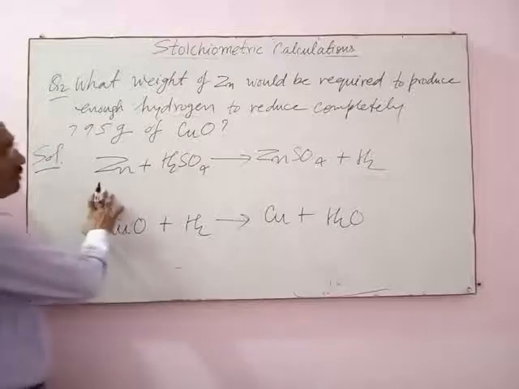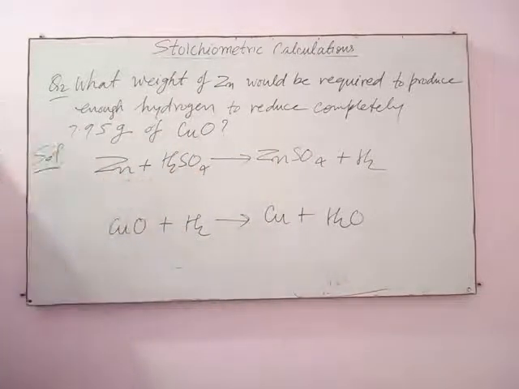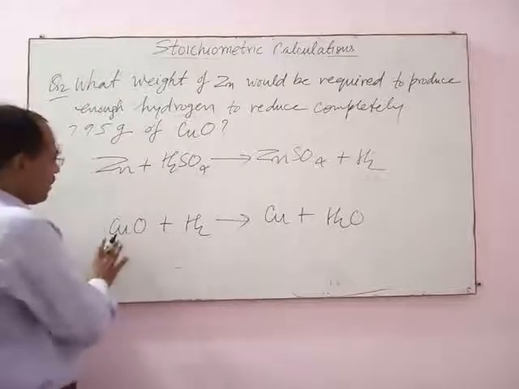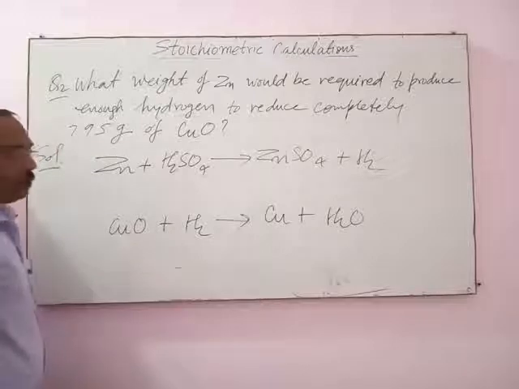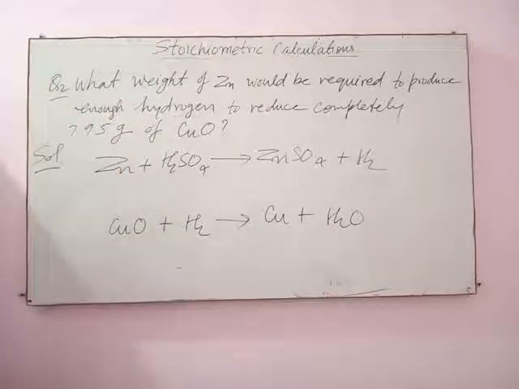First of all, production of hydrogen gas by the reaction of zinc and H2SO4. Second is the reduction of copper oxide by hydrogen into copper and H2O. These are stoichiometric equations or balanced chemical equations.